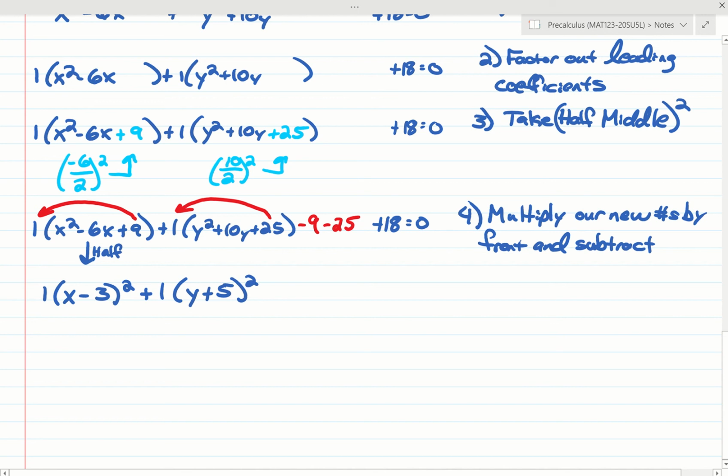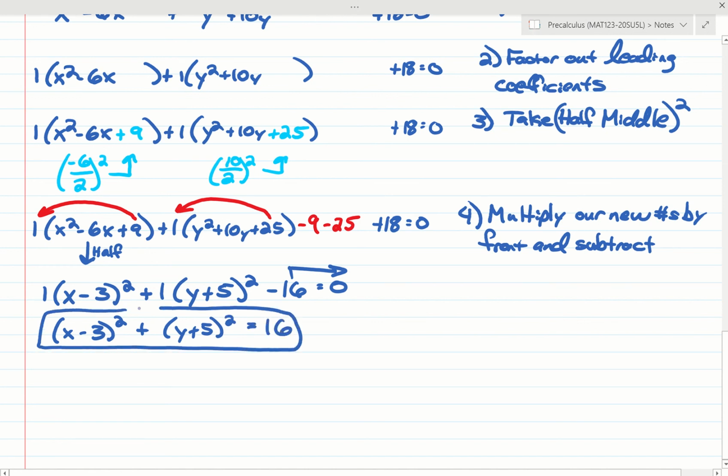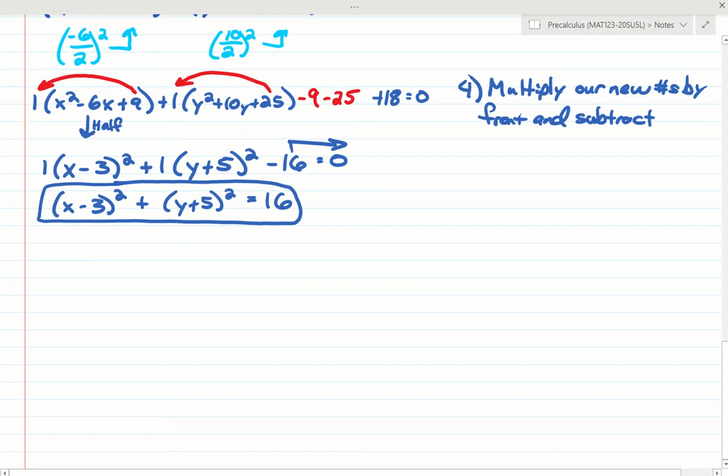And then we have negative 9 minus 25 plus 18. This comes out to negative 16. Just bring that on the other side. We don't need the ones in front. And there's our center radius form.